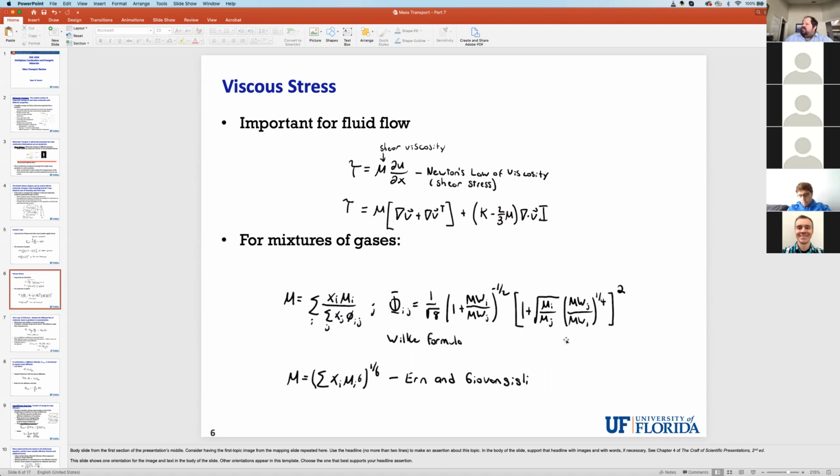But codes like Cantera and Chemkin basically mix the viscosity off of this. And Aaron and Giovangeli have basically deduced this empirical mixing rule here, and that seems to work well enough, and you don't have a sum of sums.